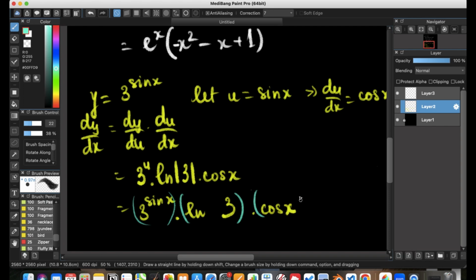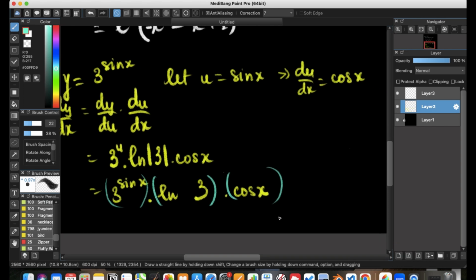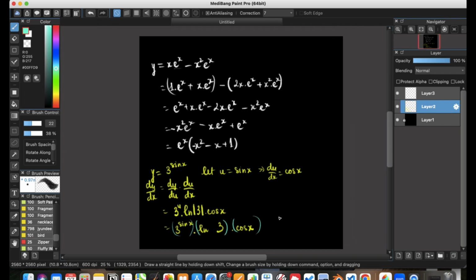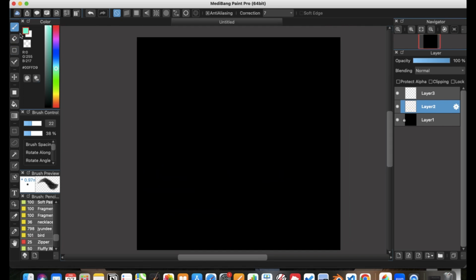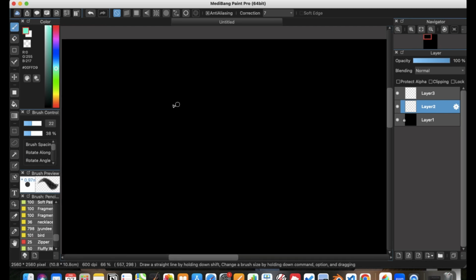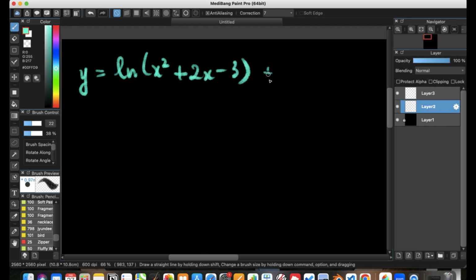Okay, let's add some brackets to avoid any further confusion. And now let's take a look at another example, because I kind of messed up. Okay, y equals log of x to the power of 2 plus 2x minus 3, plus 5.